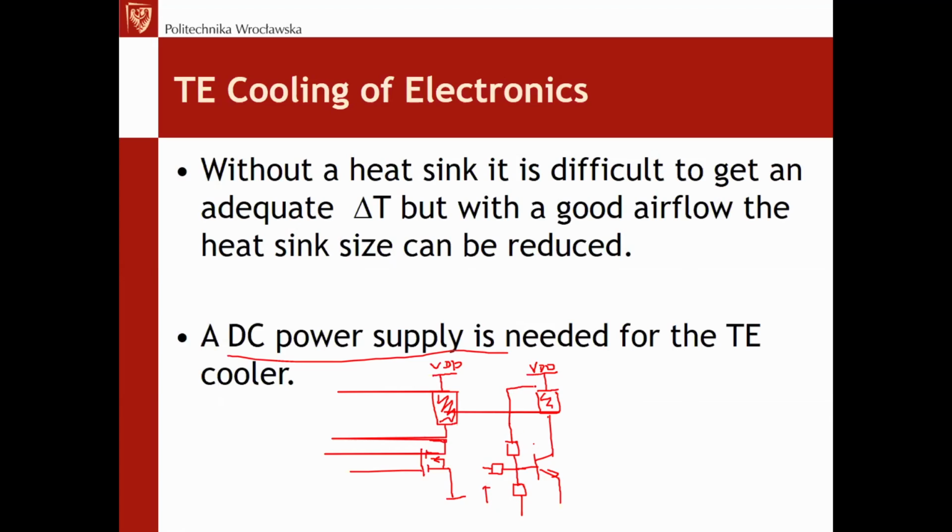The advantage is that we have a linear current flow, because we can regulate through the applied voltage here. We can regulate the current flowing and the power of the Peltier component. Yet the problem with this method, with the NPN transistor, is that a lot of power will be dissipated on the transistor itself, because the transistor works in the active mode.